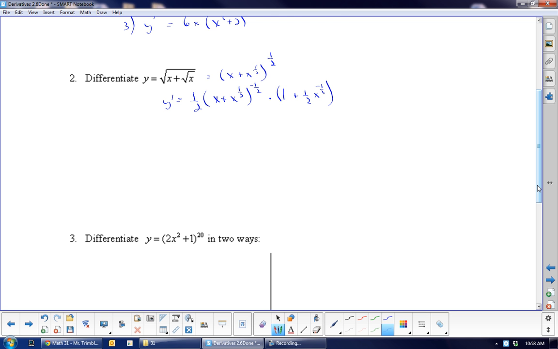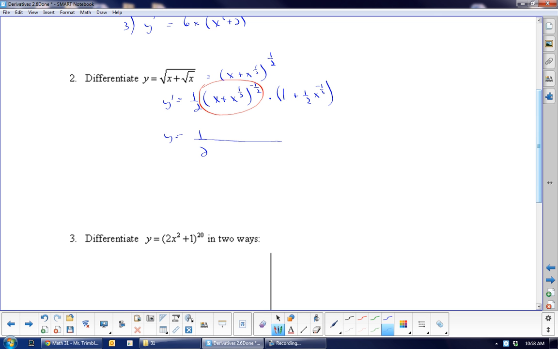Okay, so if I was to write this, do you see all of this right here? Because it's to the exponent negative a half, it really should go underneath. And then the 1/2 you could just write as 1 like this.